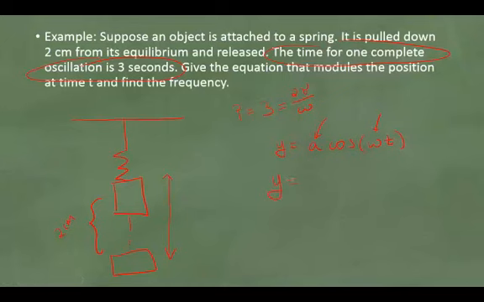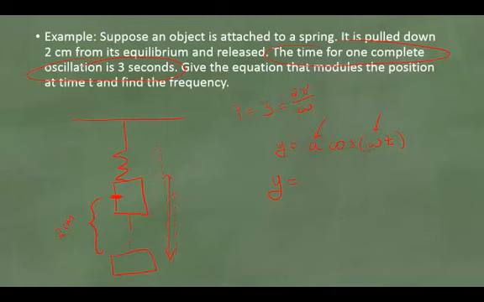So y is equal to, what do we need for a? What is the amplitude of this function? What is going to describe the motion? Again, it's released, or it starts off at rest here. You stretch it all the way down 2 centimeters, then it's released, and it goes all the way back up, and then goes up 2 centimeters, and goes back down, all the way back up.